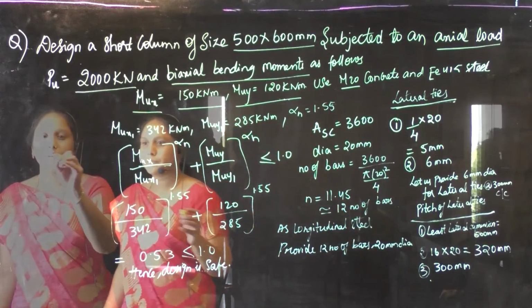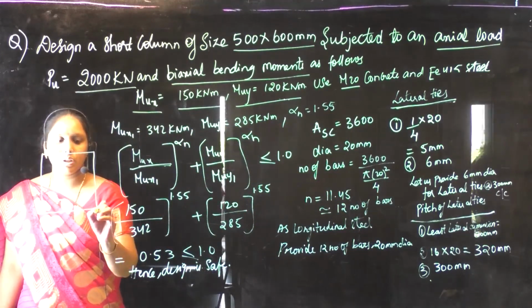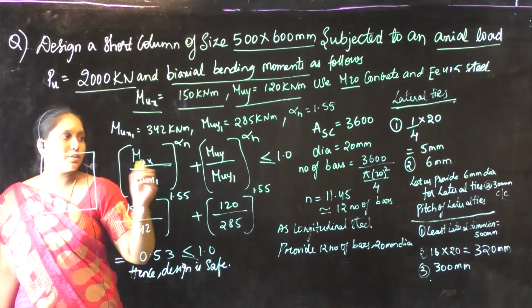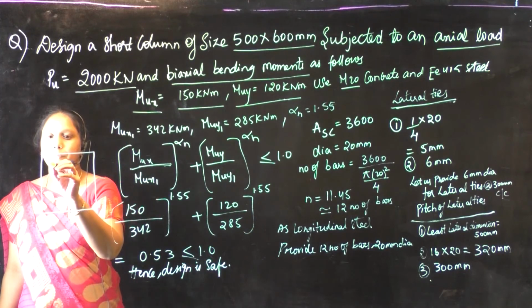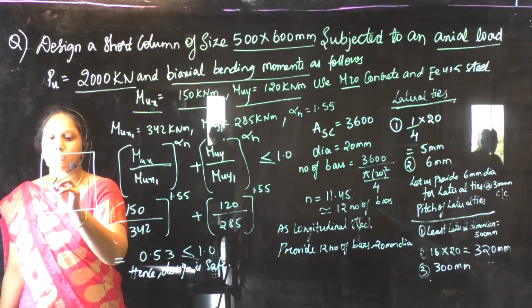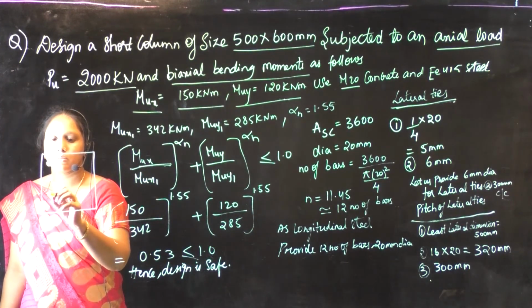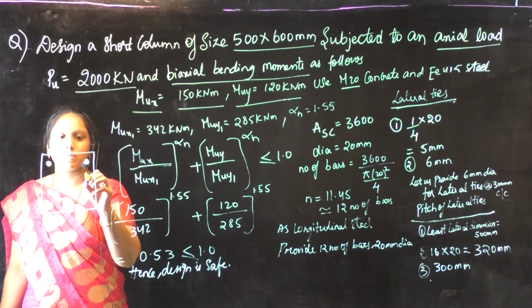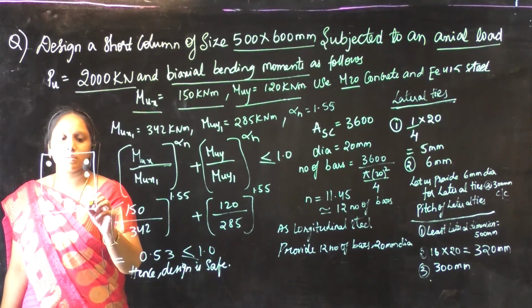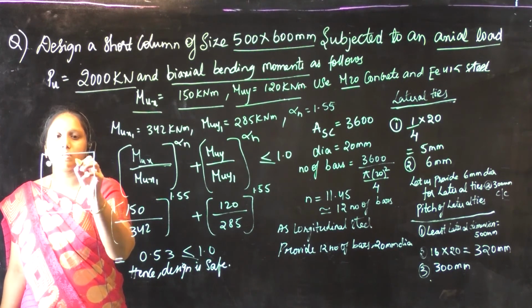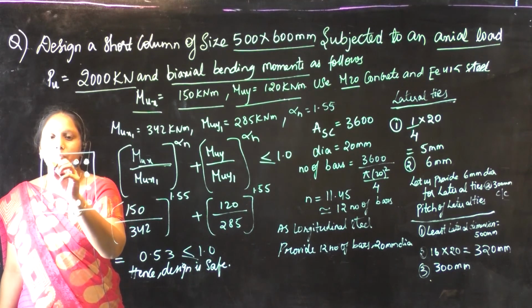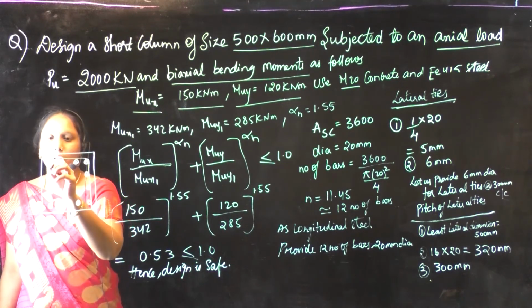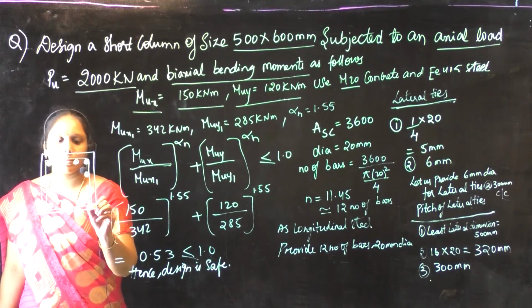So now let us show the reinforcement details. The number of bars we have provided is 12 bars, and the lateral ties.